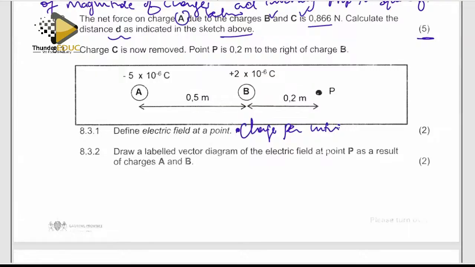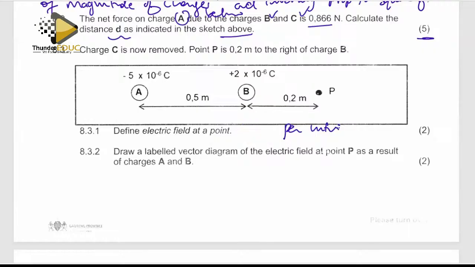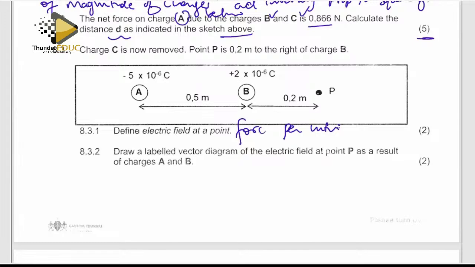It's the force per unit charge that is experienced at that point, at a given point.